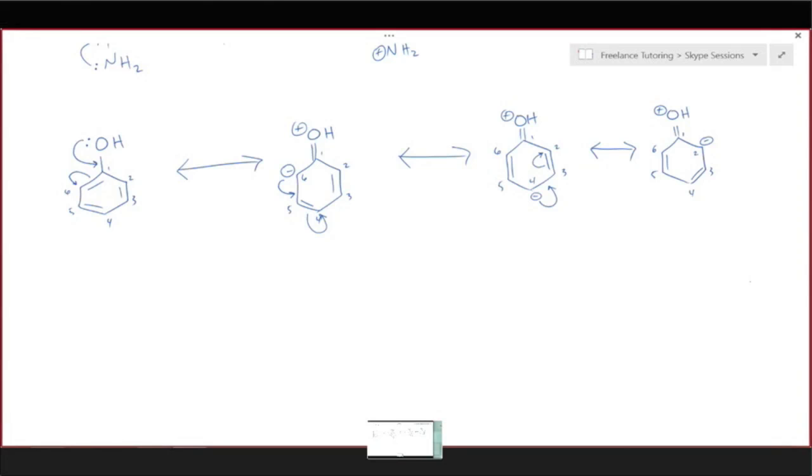So this is a really good example of how powerful resonance can be. It's not only predicting that some of the carbons in benzene are more nucleophilic than before, but it's telling us exactly which ones. This is kind of amazing, that we can draw these pictures with pencil on a piece of paper, and then these weird resonance pictures are actually how the molecule behaves.